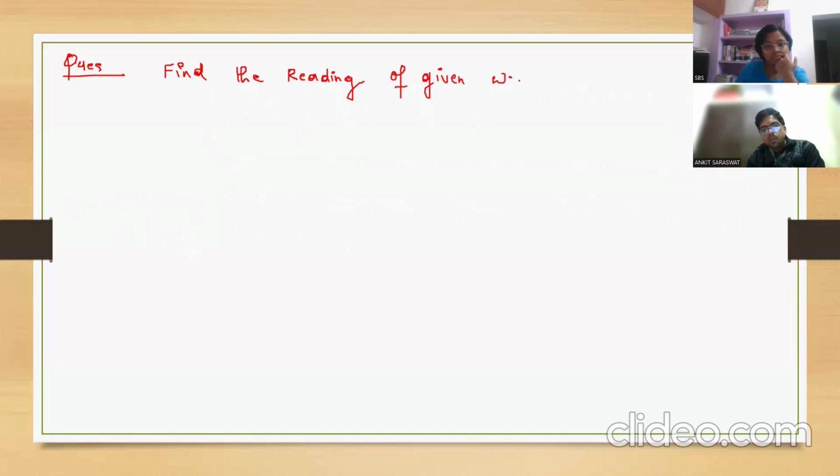Find the reading of the given weighing machine. Clear? Now draw this diagram.